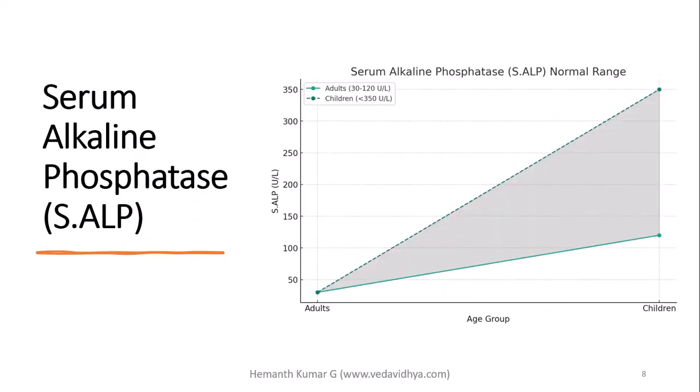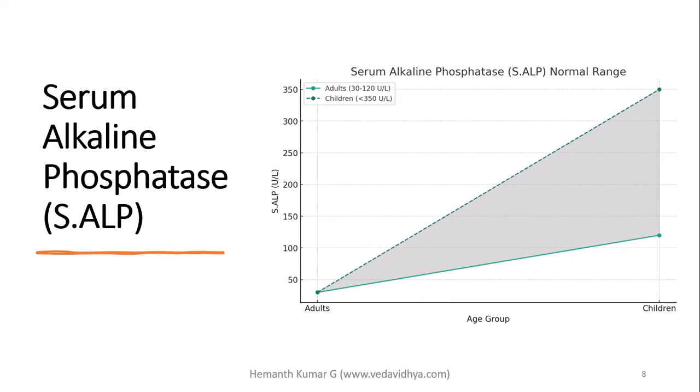In this part of our discussion, we focus on serum alkaline phosphatase, commonly referred to as SALP, and its role in diagnosing liver diseases, particularly across different age groups.